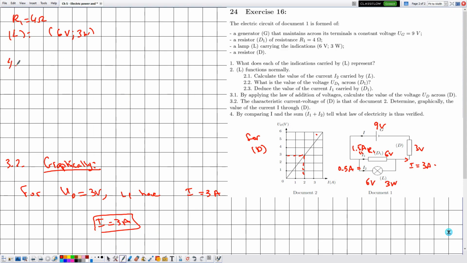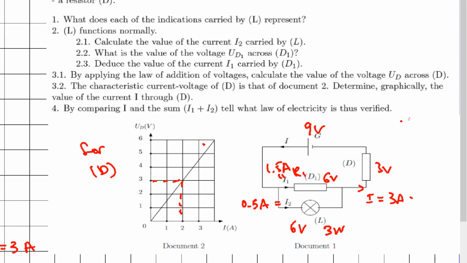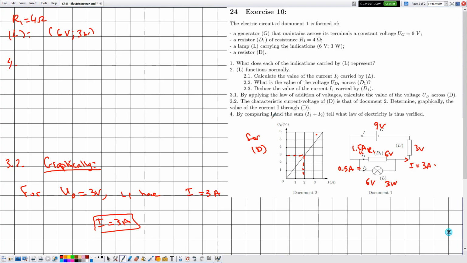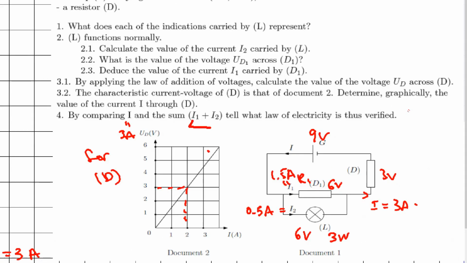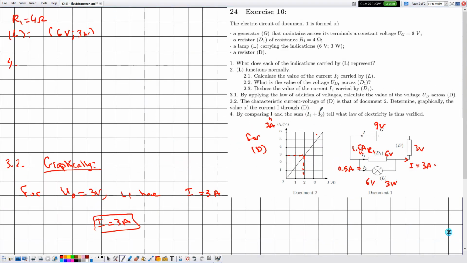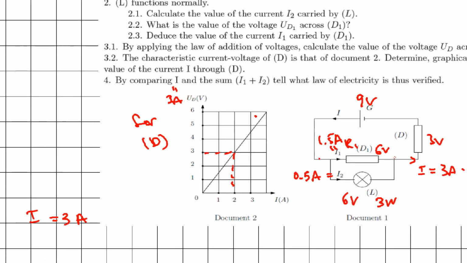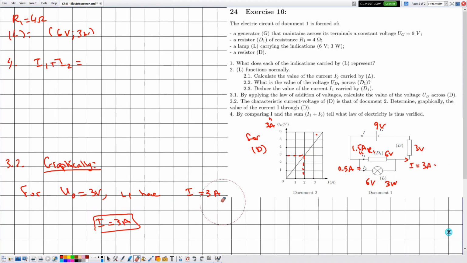Now in part 4 they are telling me to compare I, which is determined in 3.2 and given by 3 amperes, and the sum I1 plus I2. So we need to compare I and I1 plus I2. First let's calculate I1 plus I2.